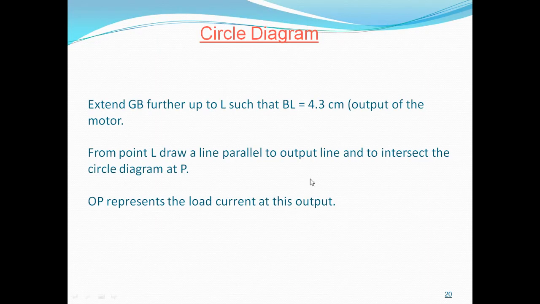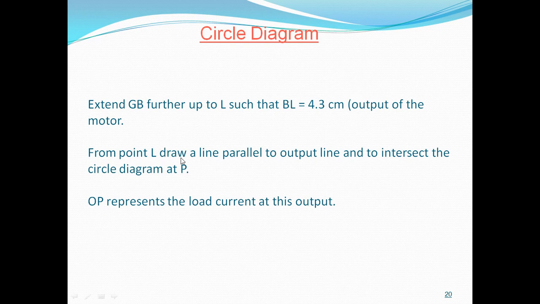Now extend GB further up to length L such that BL is equal to 4.3 centimeters, which we just calculated.